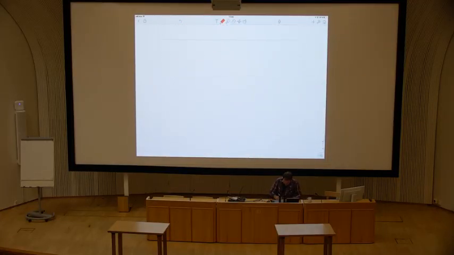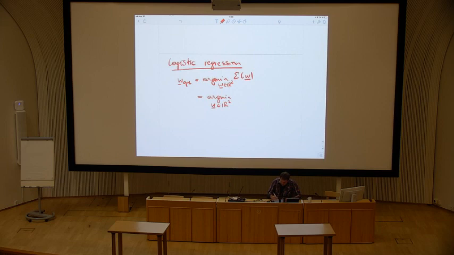So logistic regression amounts to finding a good weight vector which minimizes the empirical risk, which is the average loss over labeled training data points. Here we said we had 2 features, so the dimension of the weight vector is also 2. And we just add the loss over the labeled data points.